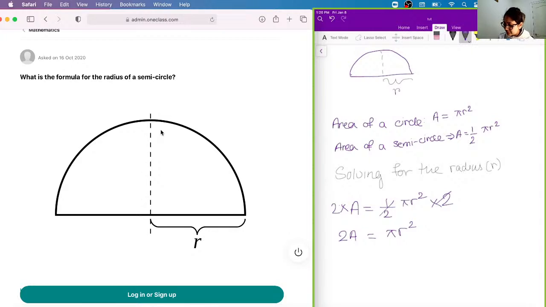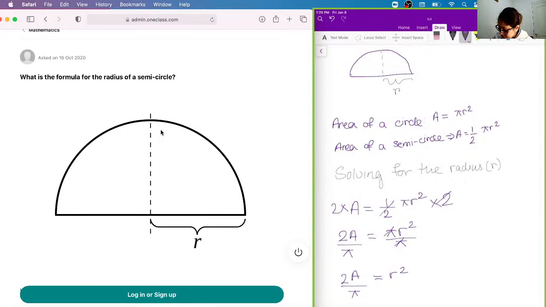Now that we got rid of the half, the next thing is to get rid of the pi, and to do that we divide both sides by pi. So you get 2A over pi equals r squared.